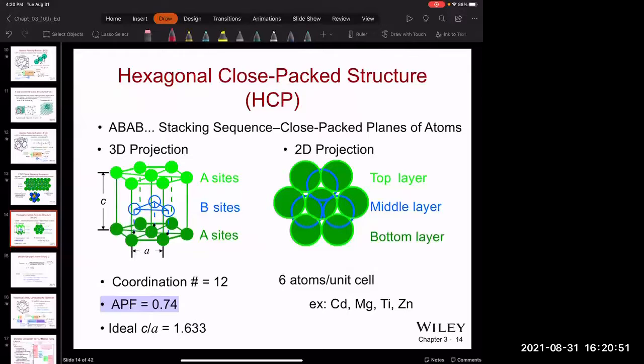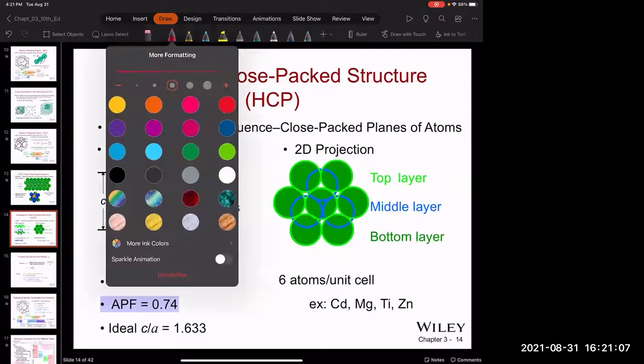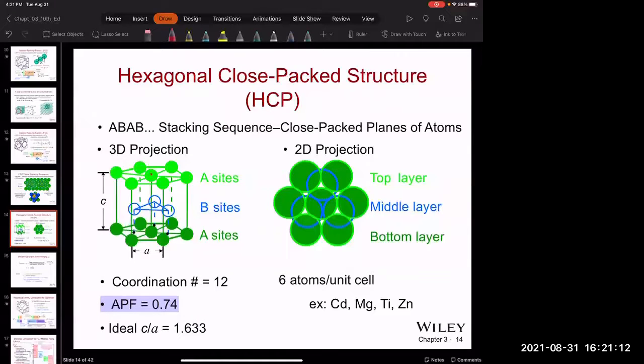Now, this structure doesn't represent one unit cell. This actually represents 3 unit cells. One unit cell for this one is this. If you wanted to see the unit cell for this situation, this is the unit cell.